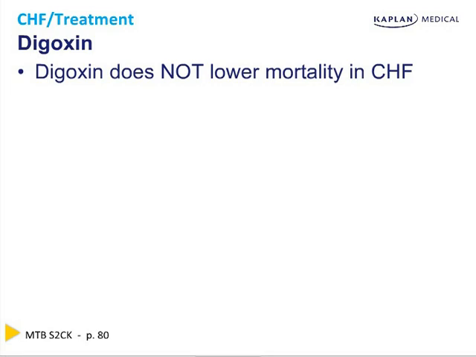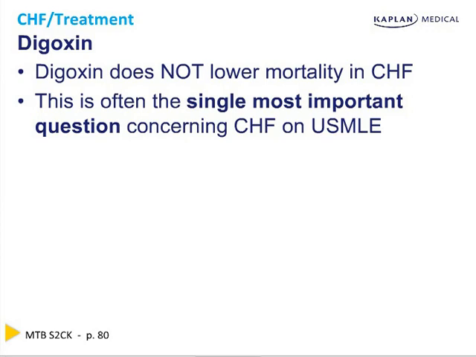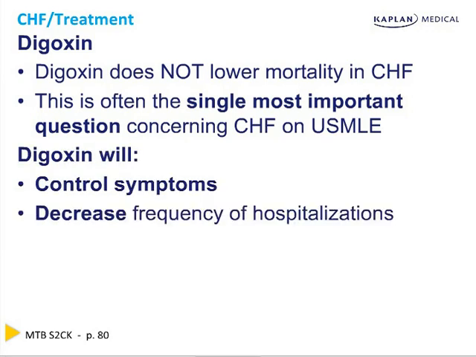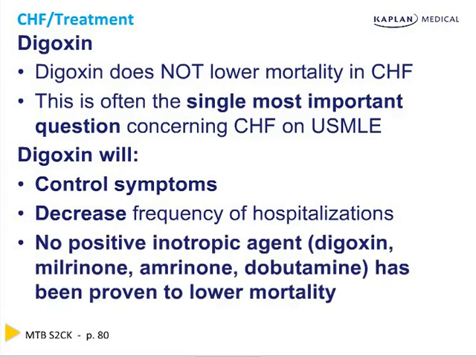And the answer is decreasing symptoms, decreasing hospitalizations, but not decreasing mortality. Make sure you understand it. No positive inotrope, not digoxin, nor dobutamine, nor amrinone, nor milrinone, has ever been shown to lower mortality. They are symptom controlling drugs. That's it.